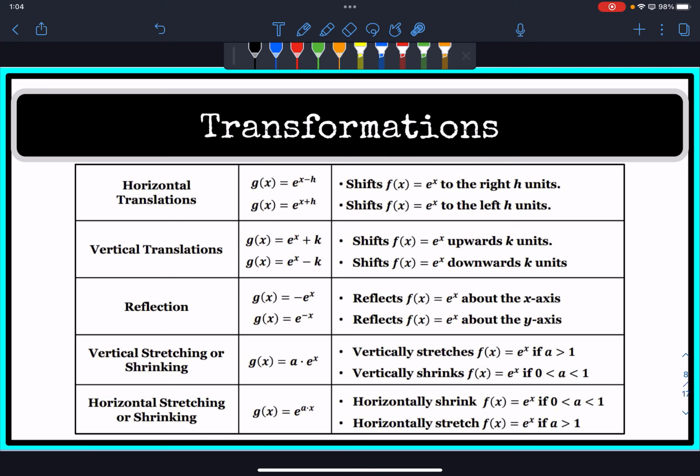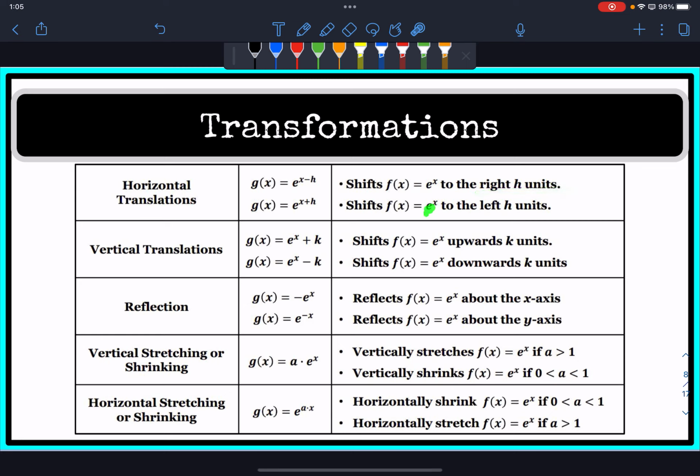Now, this is what it looks like for exponential functions. If we're going to transform an exponential function horizontally, we're going to either subtract an h value or add an h value to the x in the exponent of e to the x. Subtracting an h from the x in the exponent gives us a graph of e to the x that is simply shifted to the right by h units.